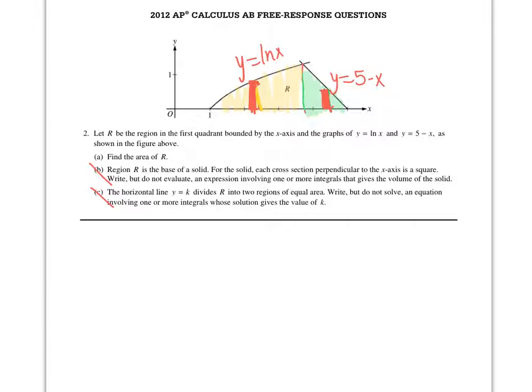So for the one in yellow, we're going to go from 1 to 2. We have to figure out this x value right here, so you do have to figure out that intersection point. And again, this is on a calculator. So I would say graph y1 equals ln of x, y2 equals 5 minus x, and calculate where they intersect. By doing math, calculate number 5, I think, is intersection.